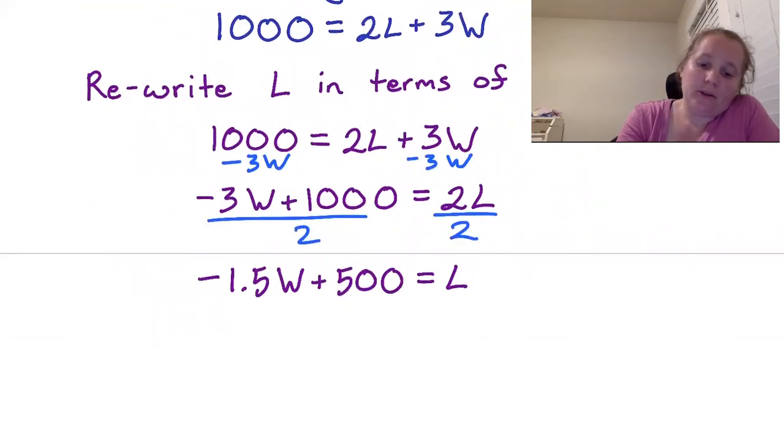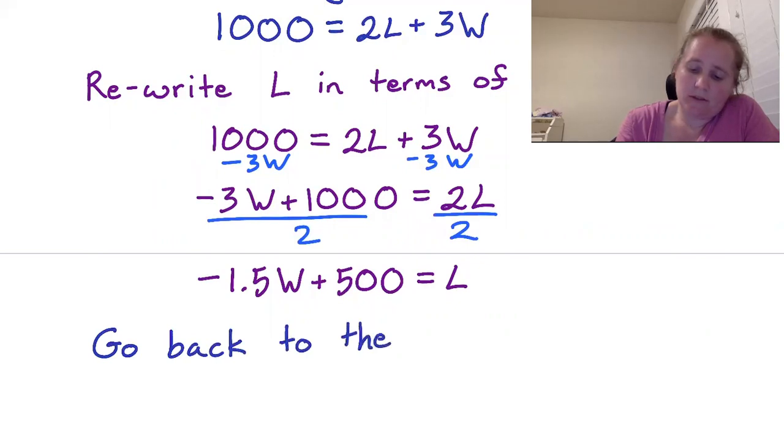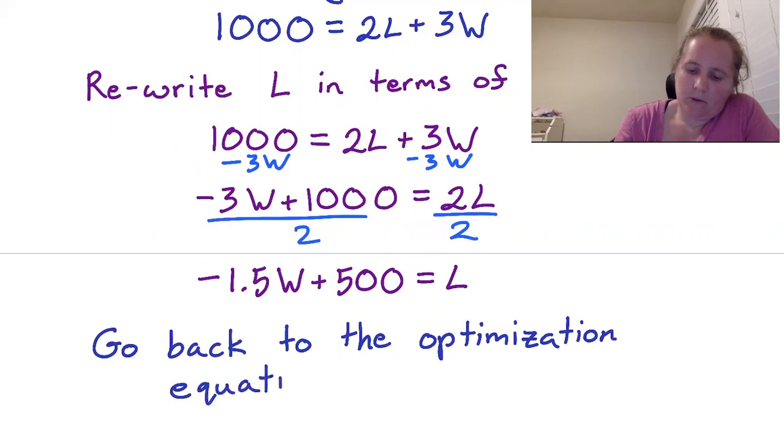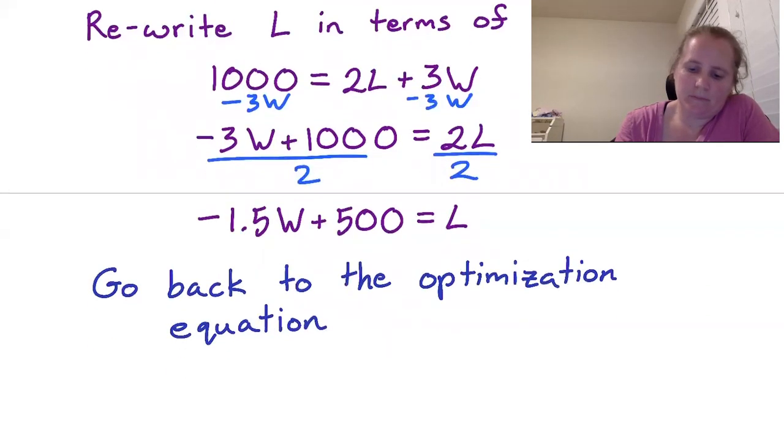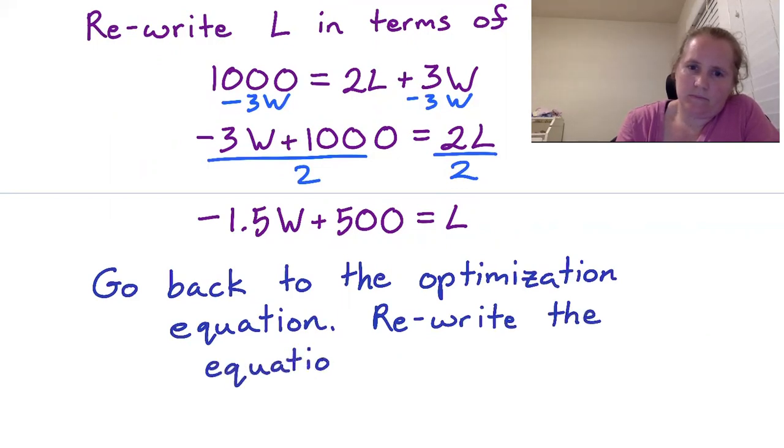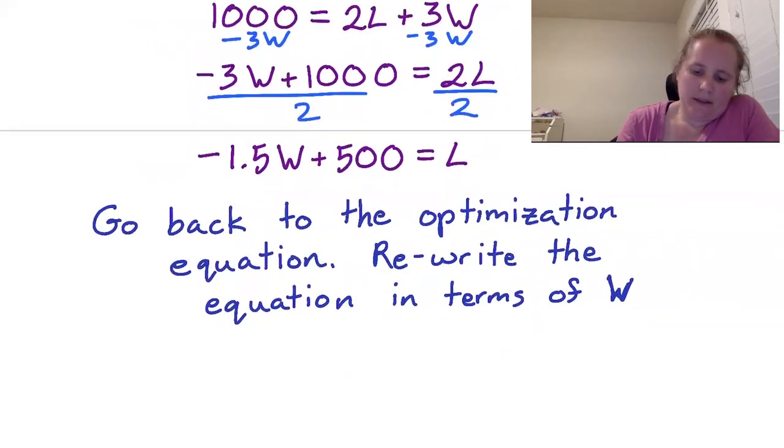So now we're going to go back to the optimization problem, or the optimization equation, and rewrite the equation in terms of W. Once again, we had area was equal to length times width.